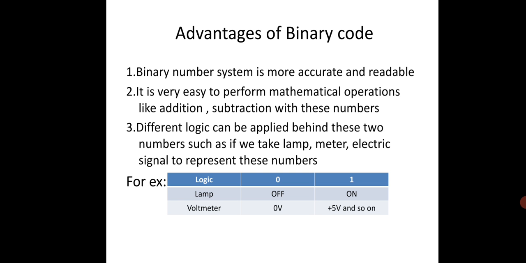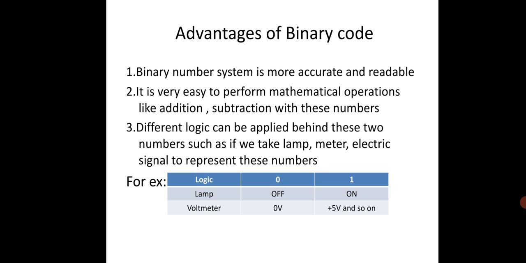Different logic can be applied behind these two numbers, such as if we take a lamp, meter, electric signal to represent these numbers, then you can see the example in this table. If the logic is 0 then the lamp is off and the voltmeter gives 0 voltage, and if the logic is 1 that means the lamp is on, that is plus 5 volt or so is applied on the lamp.